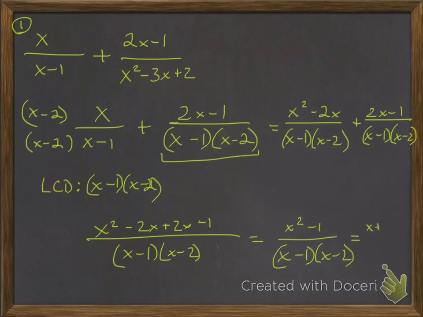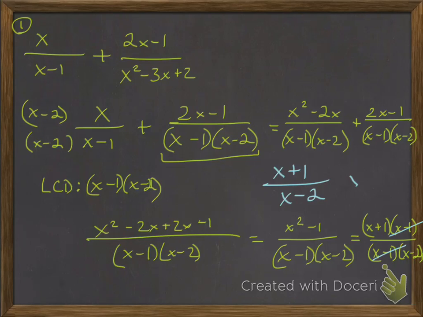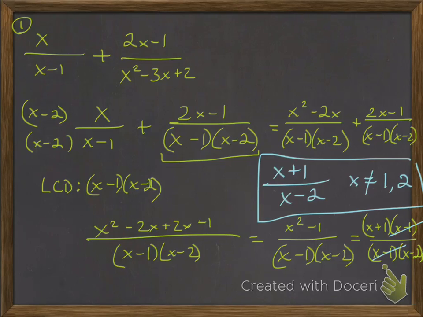It's a difference of squares, so I have x plus 1 times x minus 1 over x minus 1 times x minus 2. And what happens is my x minus 1's cancel out, so my answer is going to be x plus 1 over x minus 2. And any restrictions still, x cannot equal, remember, go from before you cancel it out, so it's x cannot equal positive 1 or positive 2.